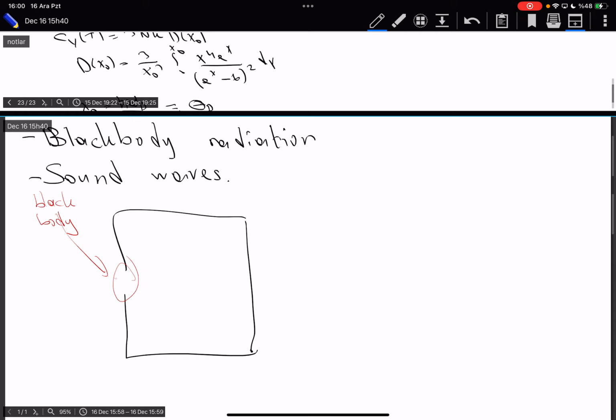Okay. So it may emit some light radiation. Yeah, I'm looking at the inside. You see, inside there will be radiation in equilibrium with the walls of the box.